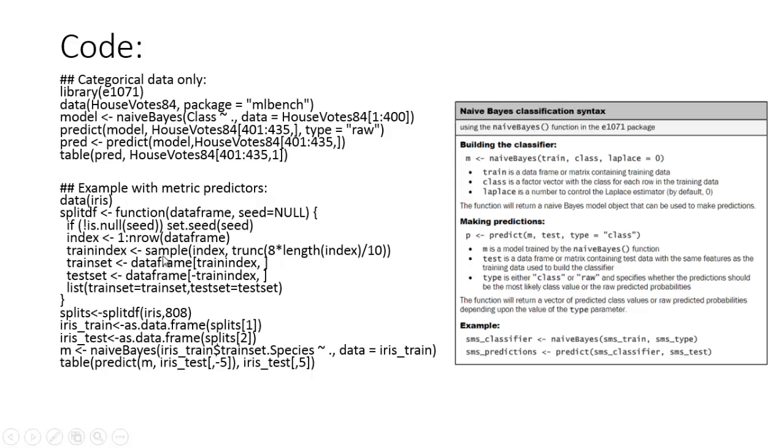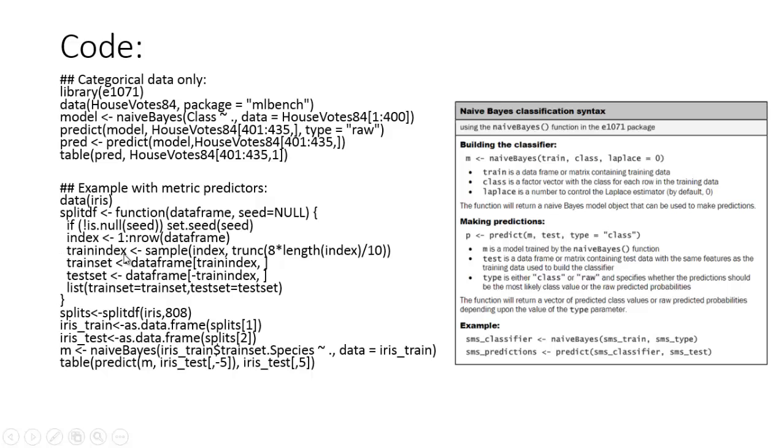Then I have used the sample function, which is just like a random function. What it does is it takes a vector, and then it samples a total length from this vector. So I have taken a length of 4 by 5th of the total number of rows, so it will consist of almost 4/5 of the indexes.